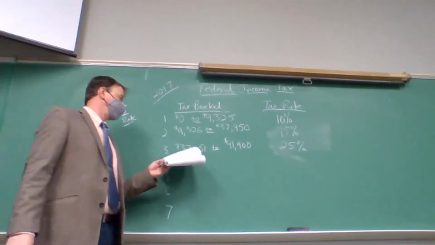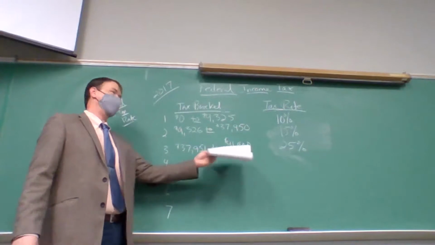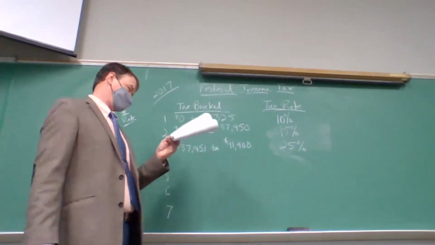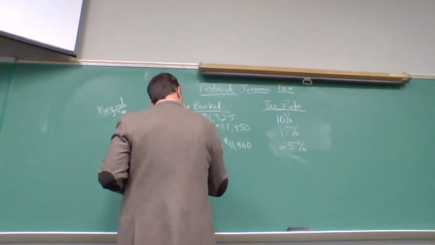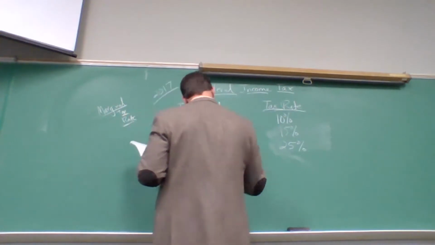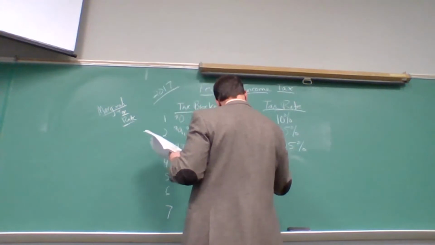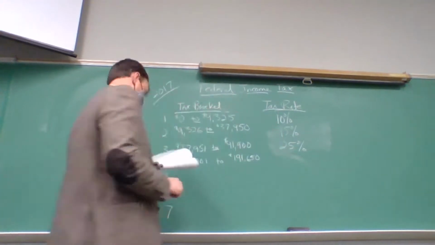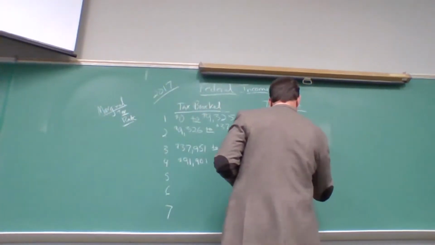That's a pretty big difference, right? That's a wide range. This is a different lifestyle than that, right? Okay. Let's keep doing it. Watch this one. If you earn between 91,901 to 191,650, your marginal tax rate is 28%.